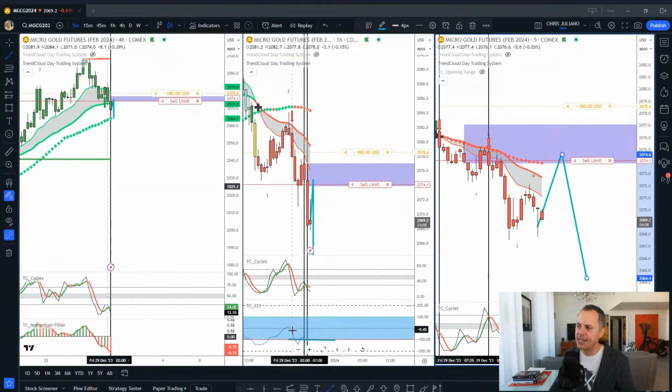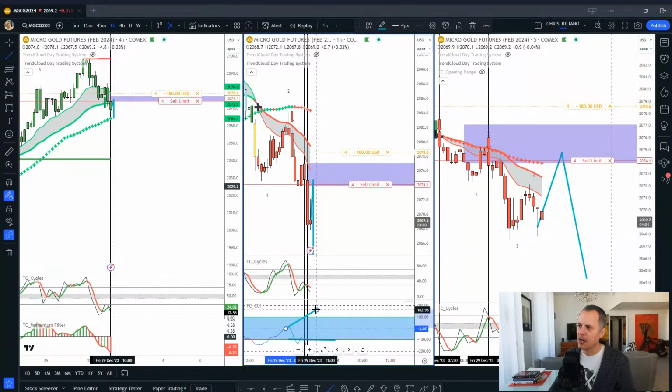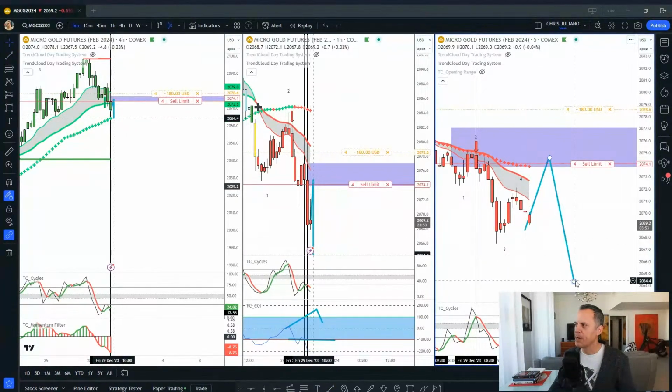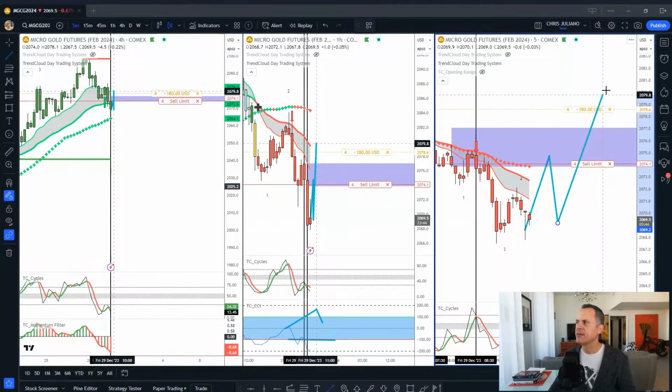What if the CCI indicator was like this, above positive 100 and pulling back into that blue shaded area in the same scenario? Here's what you might get. You might get something that looks like this. Pulls in, reacts, and then does this.